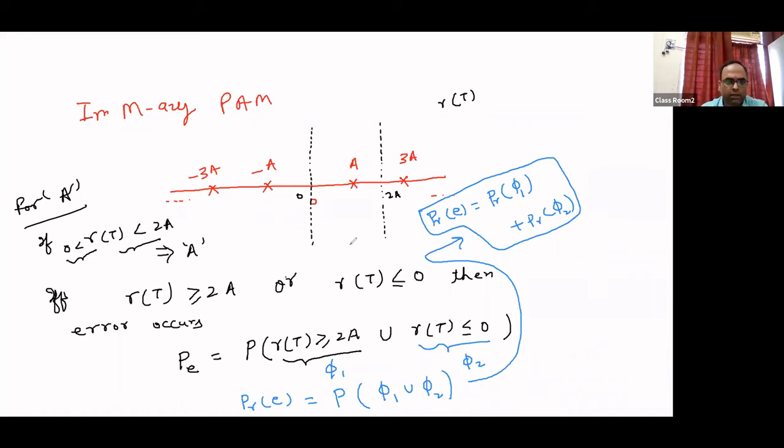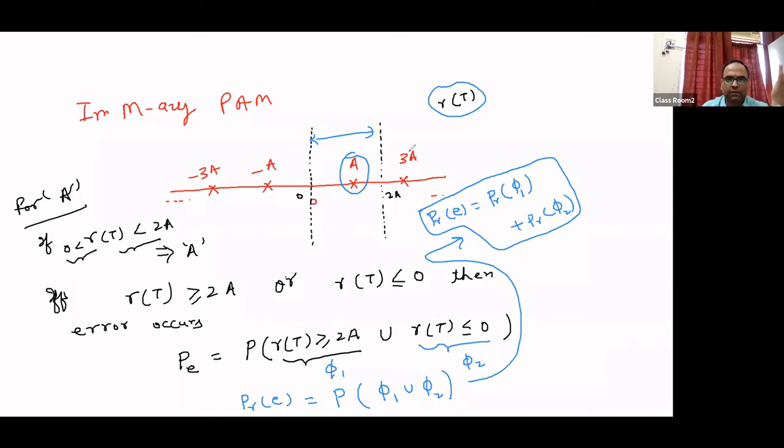Again, I am reiterating that we are talking about the symbol A, and we want to decide whether we are getting some error in this symbol or not. If the received signal, that is r(t), is in the range between 0 and 2a, then the detected symbol will be A. This is the correct situation, meaning there is no error.